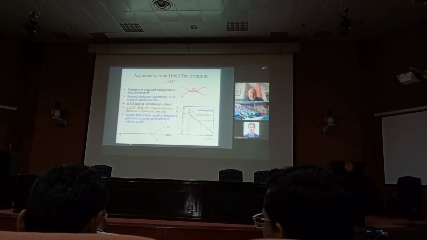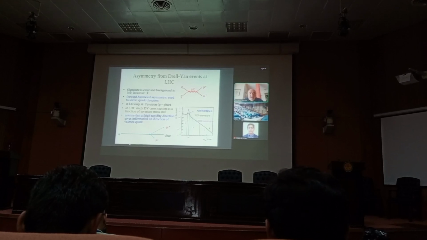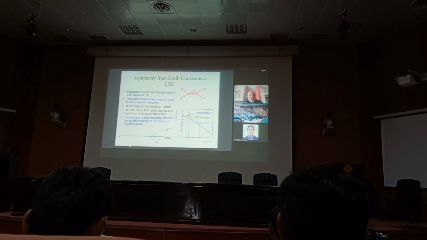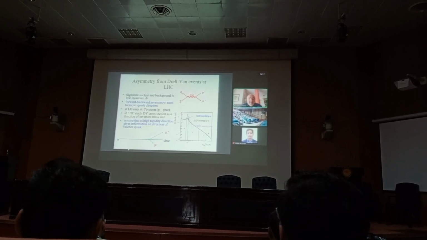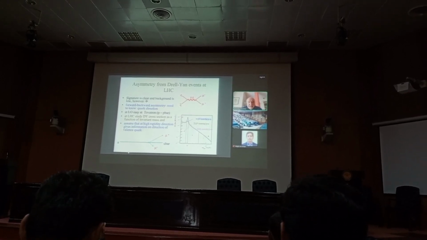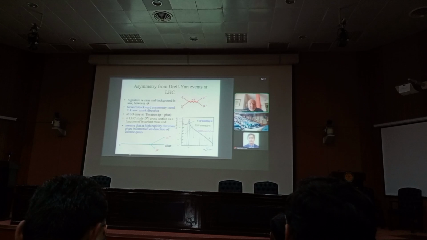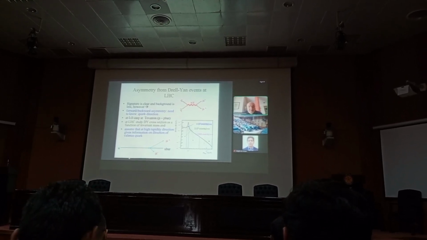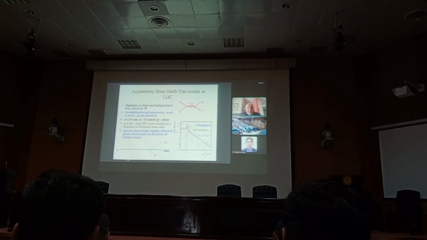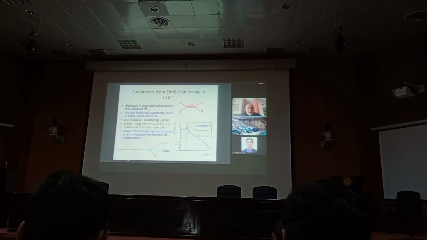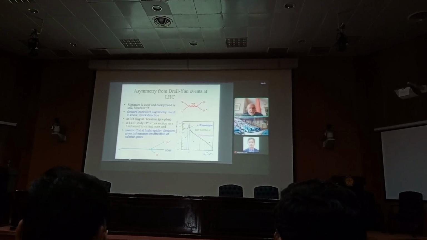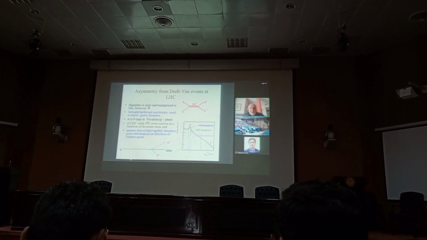Clearly, you have to make assumptions from the PDF, you need to insert your knowledge of the PDF. Typically, if you go to higher rapidity, you have higher sensitivity, because typically it is the valence quark which is producing most of the Drell-Yan events at high rapidity.